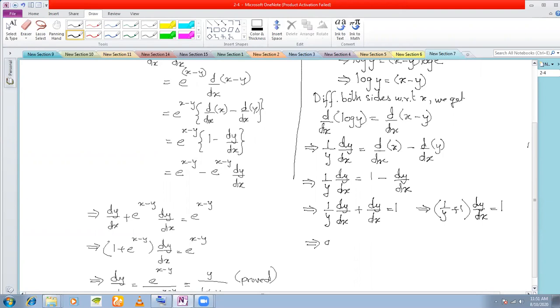That means dy/dx is 1 by (1 by y plus 1). Now you take the LCM, y by 1 plus y. This means dy/dx is y by 1 plus y, which you had to prove.